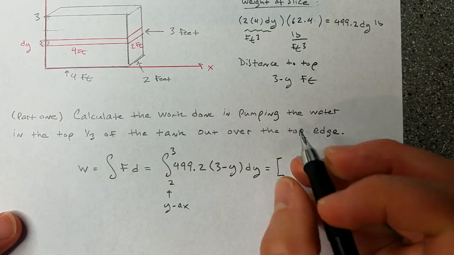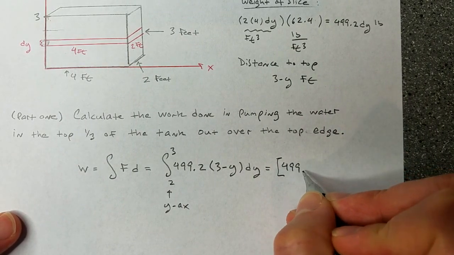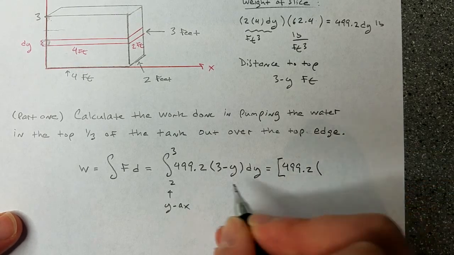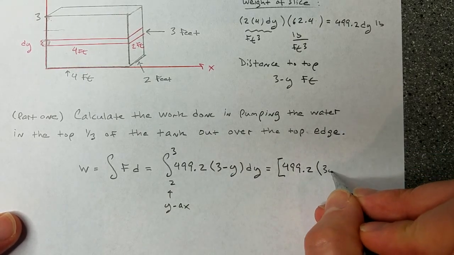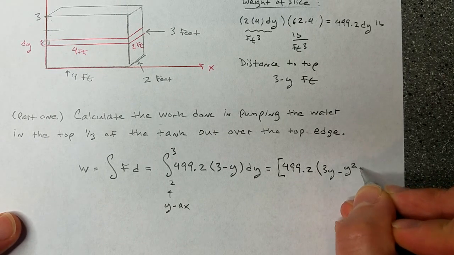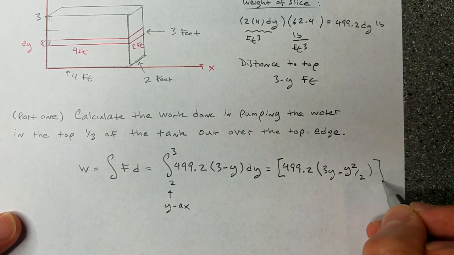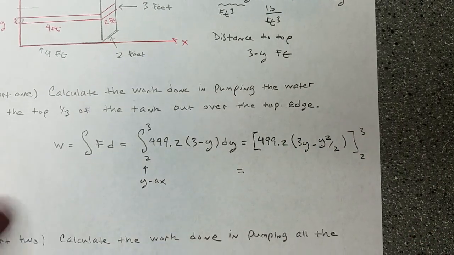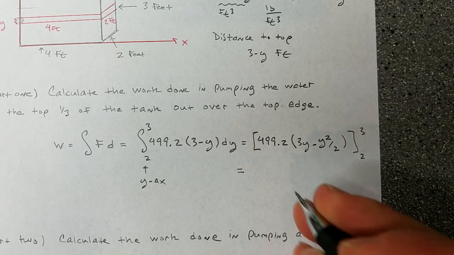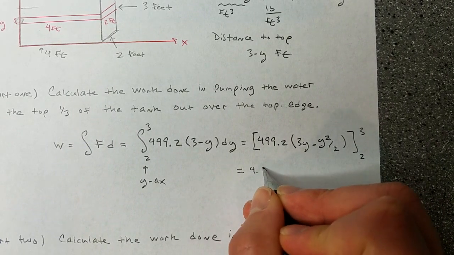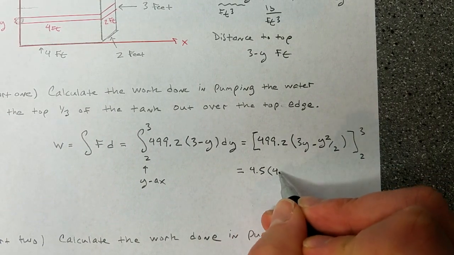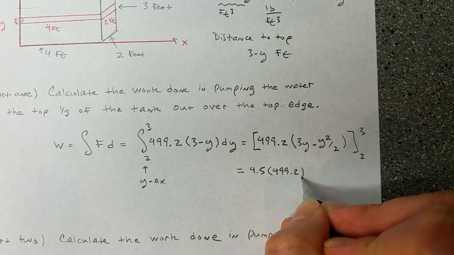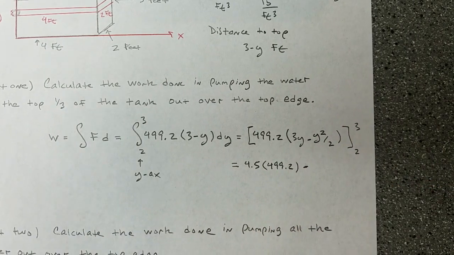So here's what I'll get. 499.2 times the antiderivative there, 3y minus y squared over 2, from 2 to 3. Okay. So I'll have to do some rounding and so on, but here's what I get when I put 3 in. I'll get 4.5. Here, I'm just going to write this way to make it easier for me. 4.5 times 499.2, and then I put 2 in.